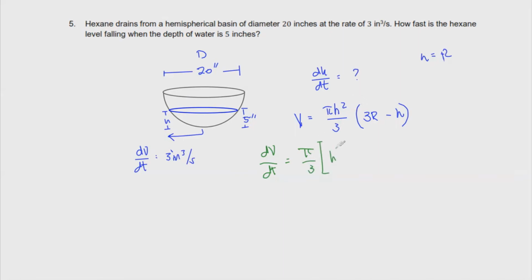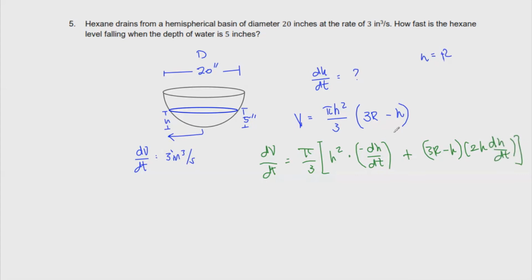So we have h squared times, because 3r is constant, the radius is constant. This is the capacity of our hemisphere. So that will be 0, and then I'm left with the derivative of negative h, so that's negative dh over dt, plus we have 3r minus h, and the derivative of h squared is simply 2h, and then dh over dt.